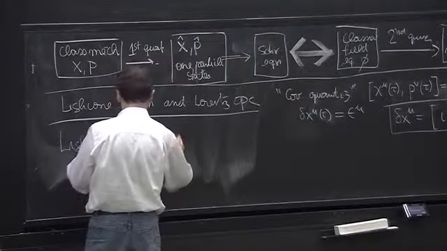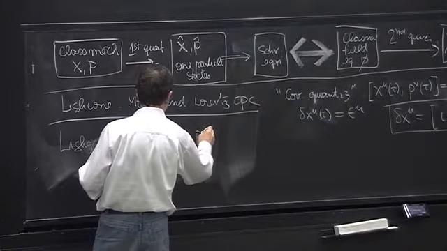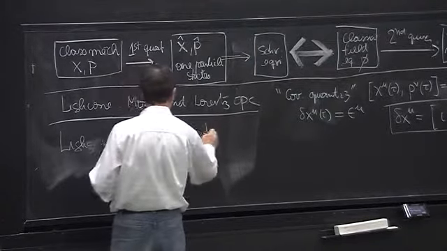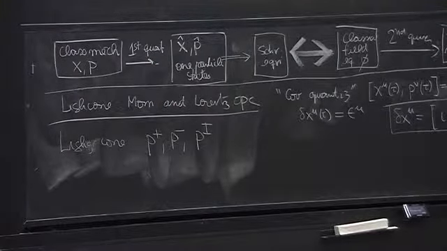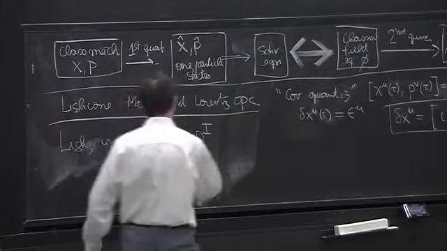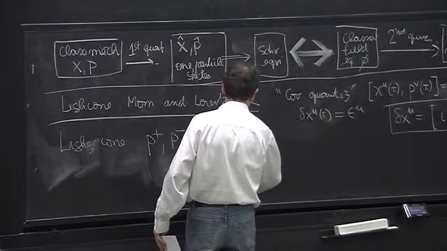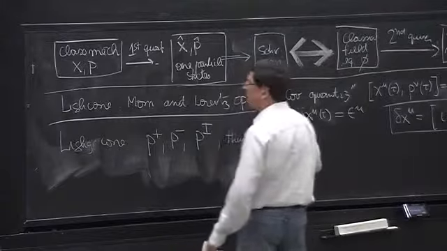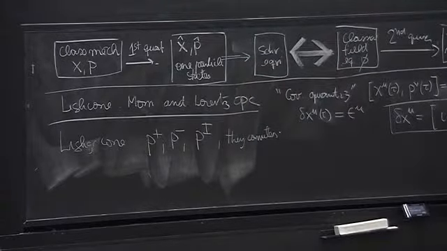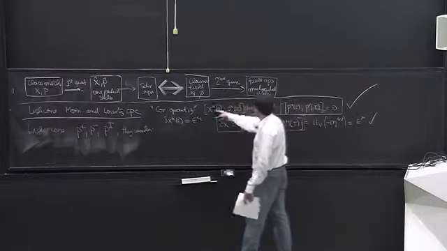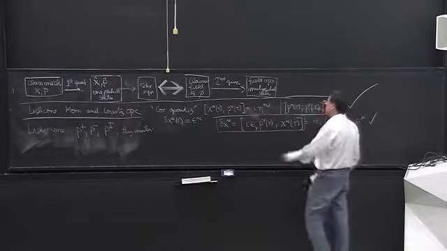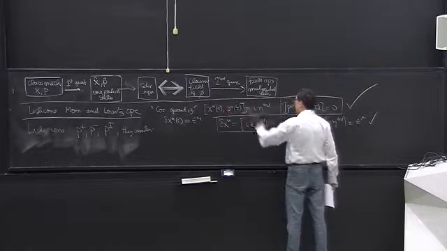Now we have in the light cone operators p plus, p minus, and p i. And none of them is time-dependent, no time dependence. That's why I don't write it. The Heisenberg operators are not time-dependent. And they all commute. Our postulate, so this part is good. This thing is correct. Now, we don't expect this to be correct because that's not how we set up the commutators of x and p.